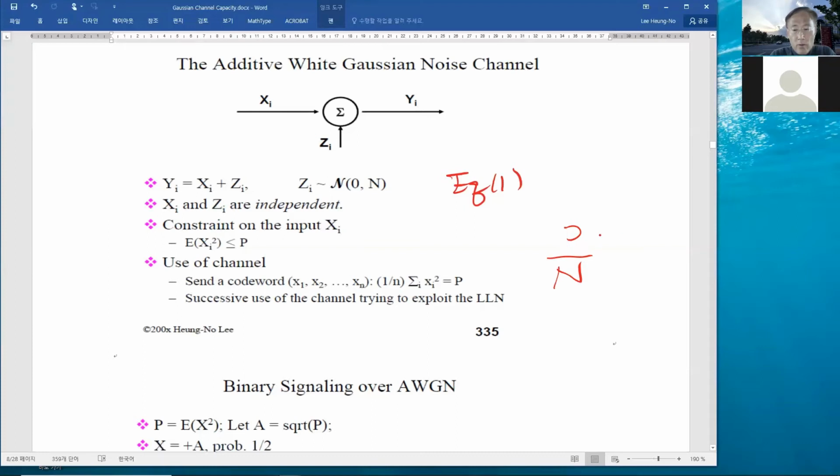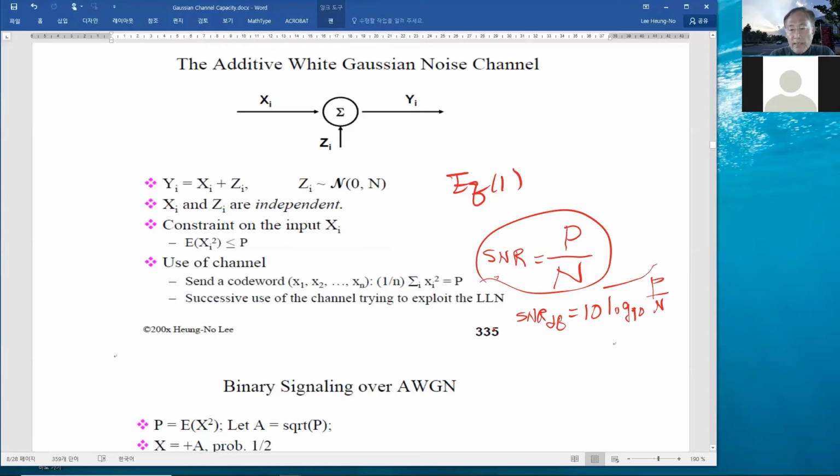This ratio we call the signal to noise ratio, right? And if we define signal to noise ratio in decibels, that should be 10 times log10 of P over N. When we say SNR, it should be this ratio.